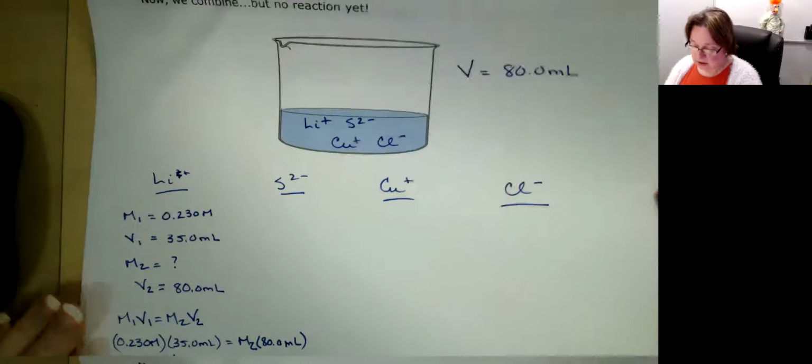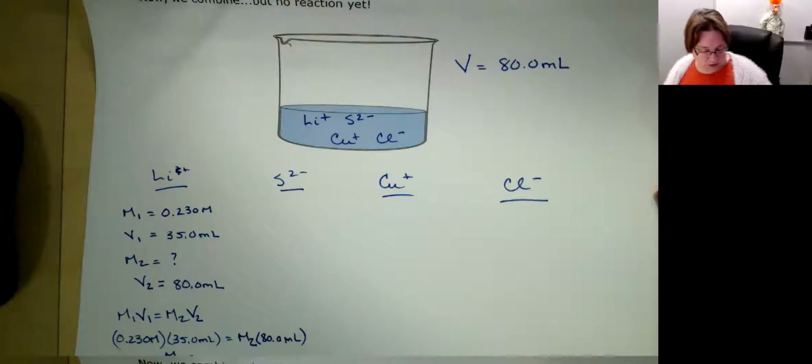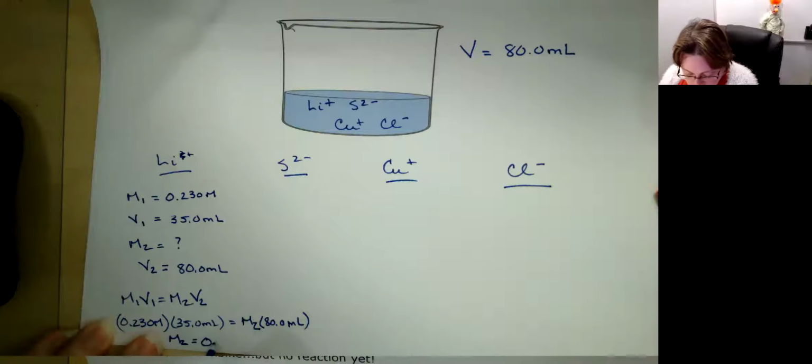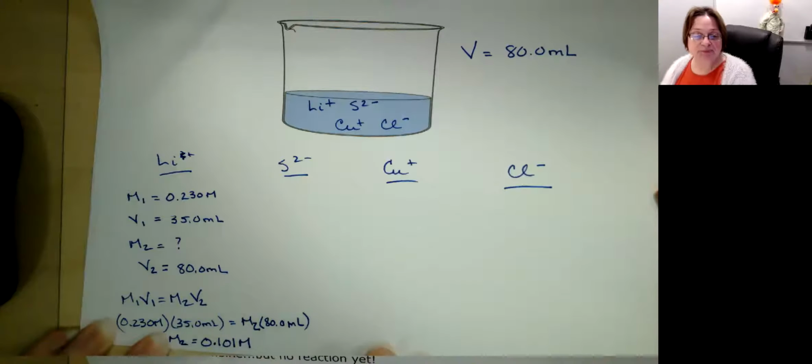So our new molarity, when everything's been diluted, is 0.230 times 35 divided by 80. And the new molarity for lithium is 0.101, with 3 significant figures, 0.101 moles per liter.